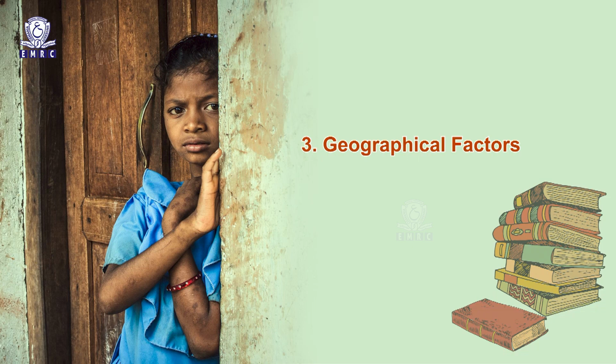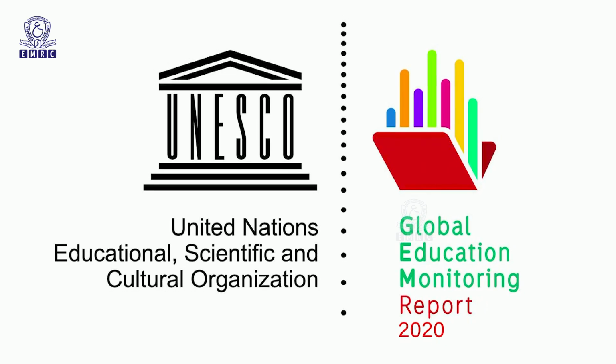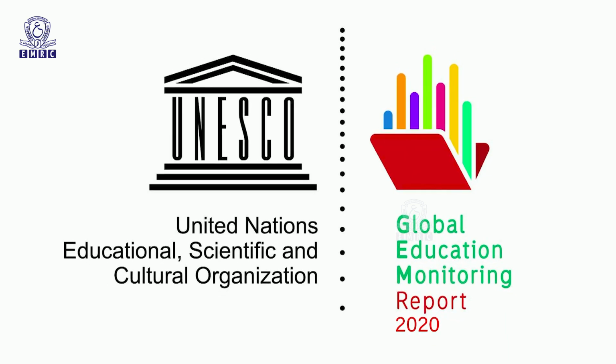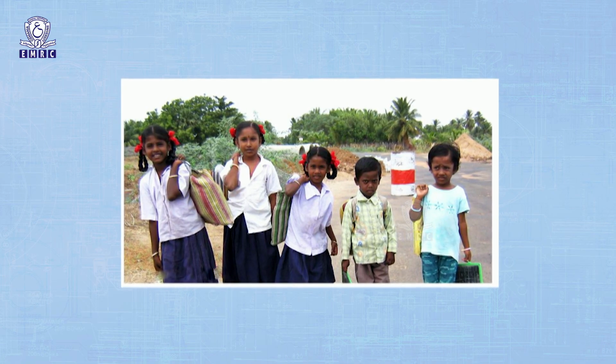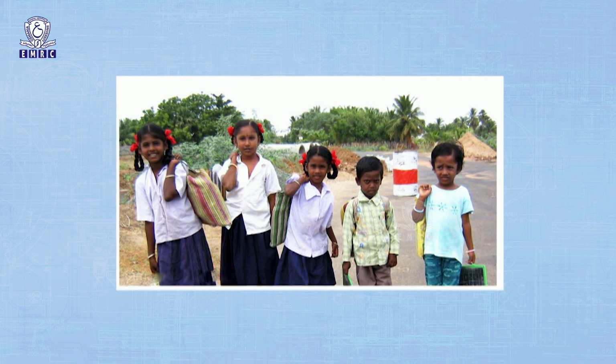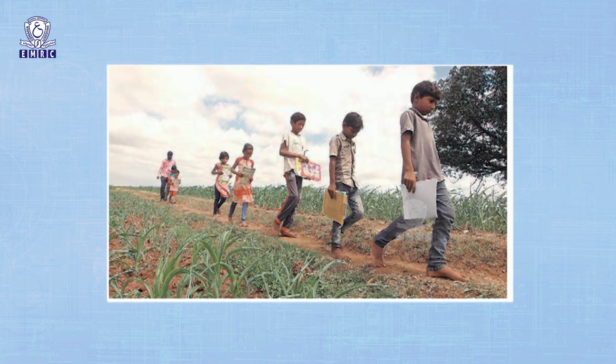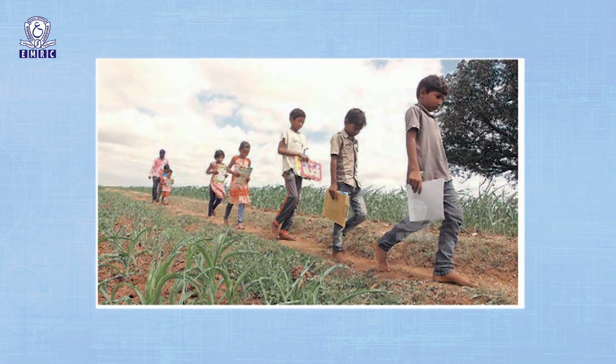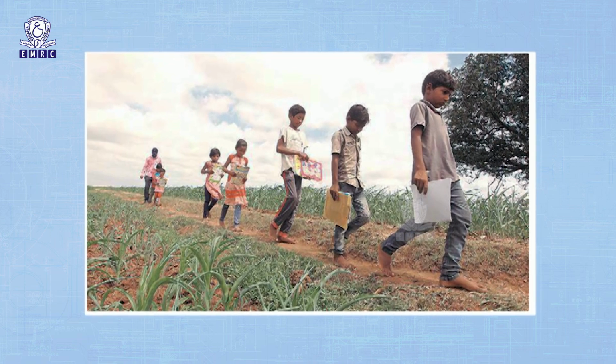Geographical factors. According to UNESCO's Global Education Monitoring Report 2020, India has made notable efforts to expand its school network since the 2009 Right to Education Act, which required primary schools to be located no more than 1 kilometer from a child's home. This has brought large numbers of hitherto out-of-school children into school, particularly in scarcely populated regions of the country.